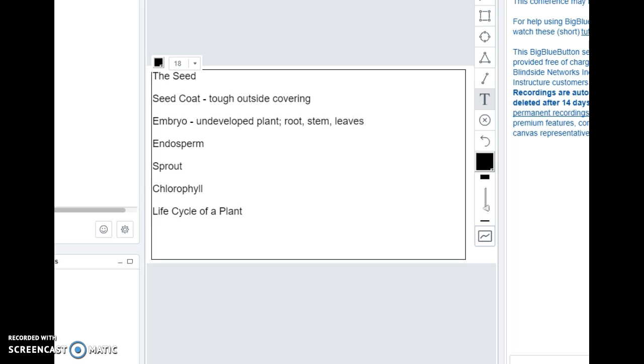Now, our endosperm is the largest part of our actual seed. It's inside of that seed coat. It encompasses the embryo, but it is the nutrition. It is the first nutrition that the seed itself receives.